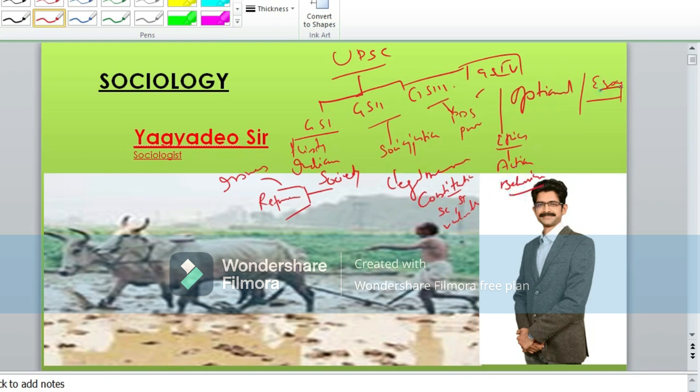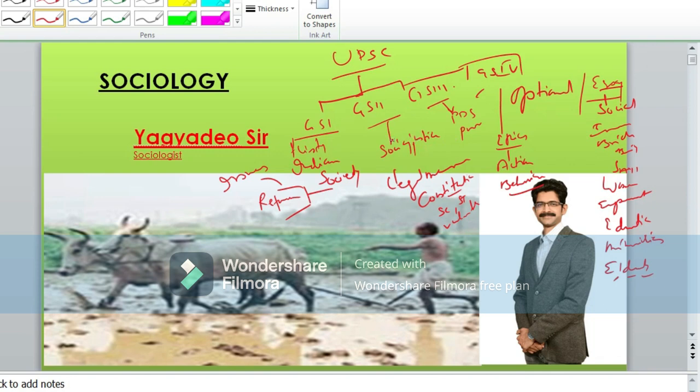Now the essay also comprises social issues such as bride burning, sati, women empowerment, education, minorities, elderly, and so on.